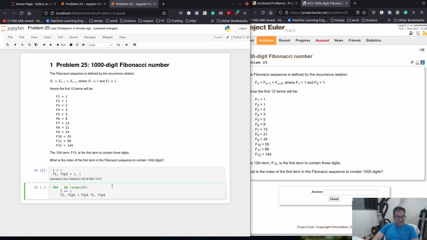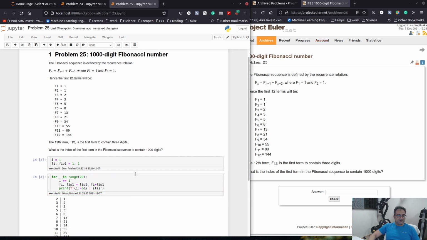We shift 1, and the next one we add the 2 like that, and print F_i, and I will put 5d, 5 justified, and I will put F_i.